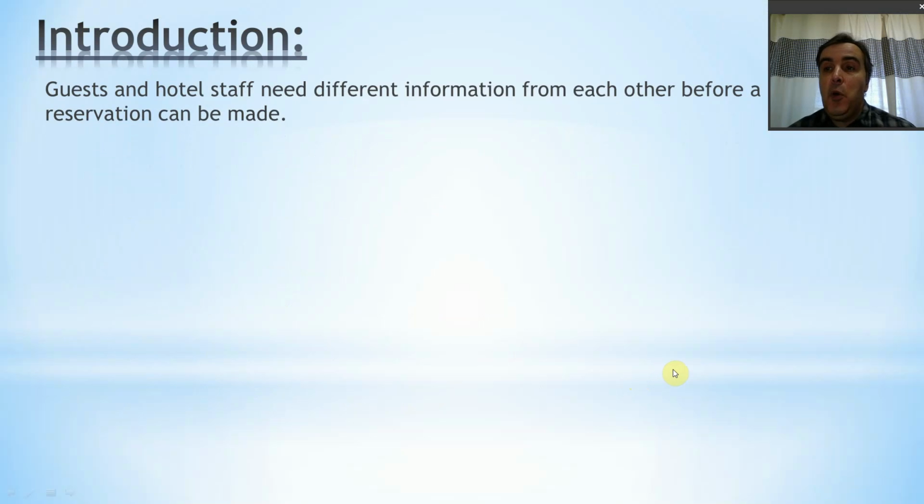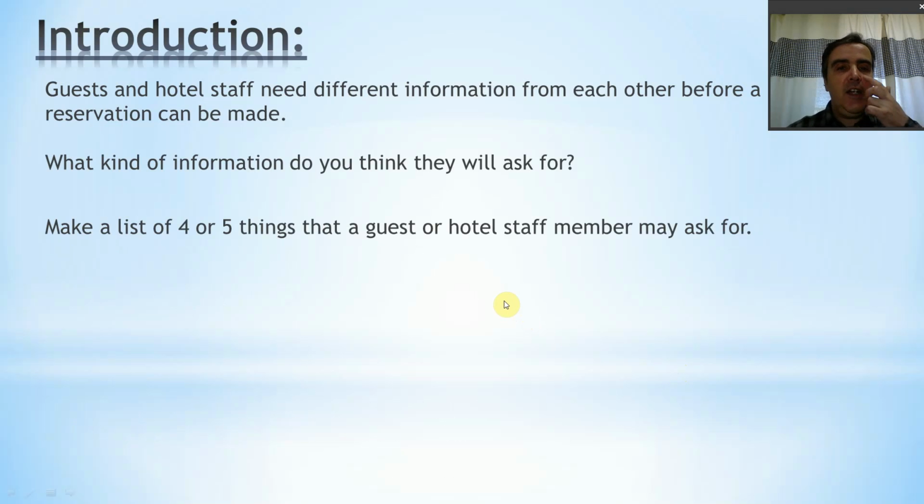We also have the hotel staff, and they need to ask the guest for different kinds of information before they make a reservation. So what we're going to start with today is thinking about what kind of information do you think the guest will ask for, and what kind of information will the hotel staff member ask for.